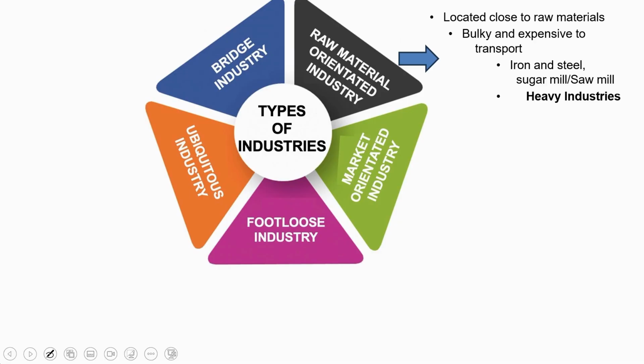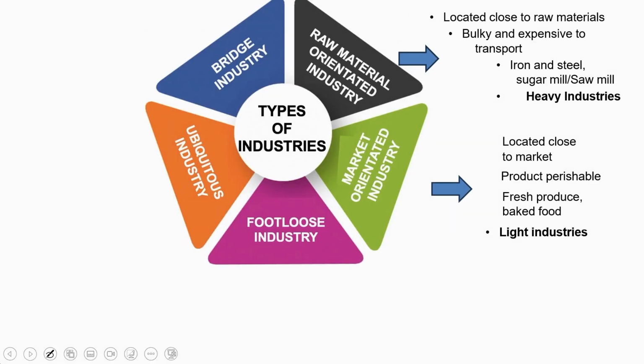Examples were the iron and steel industries like ArcelorMittal and all the industries like ISCO, that was the iron and steel. Sugar milling, remember sugarcane, sugar is your chosen product, and also the sawmills, as I've given example. And these are raw material oriented industries, usually heavy industries.